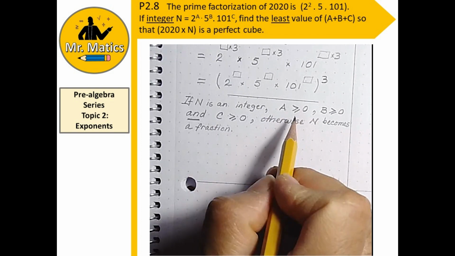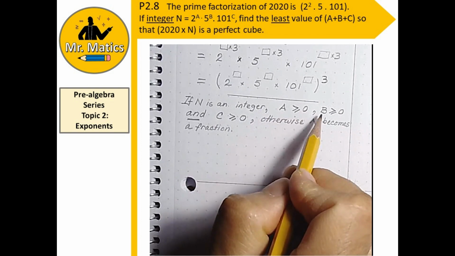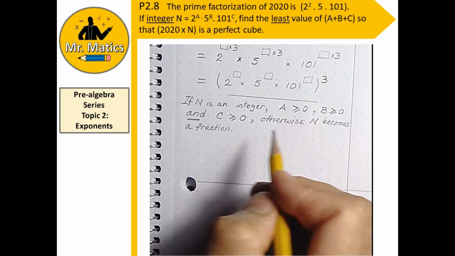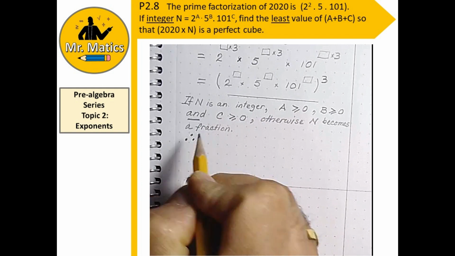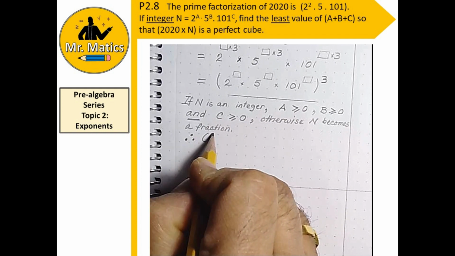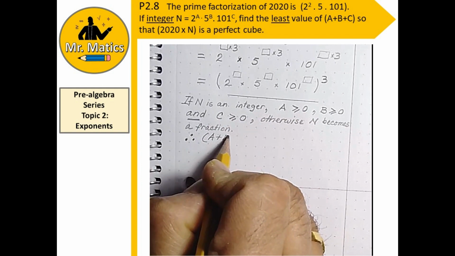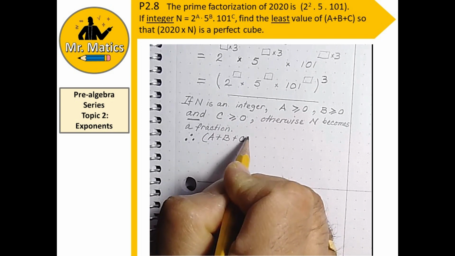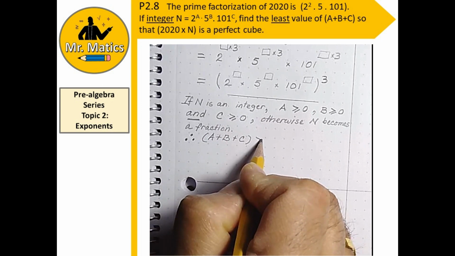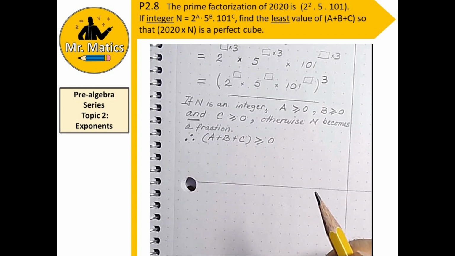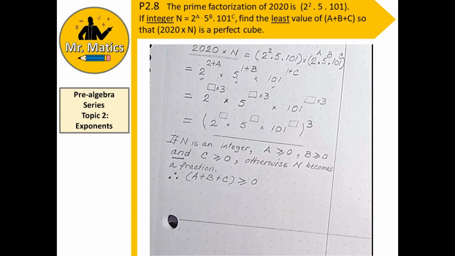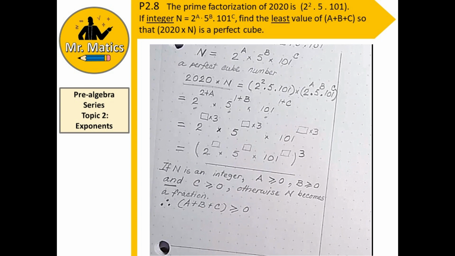So that means the sum a plus b plus c must also be greater than or equal to 0. Now let's go back.